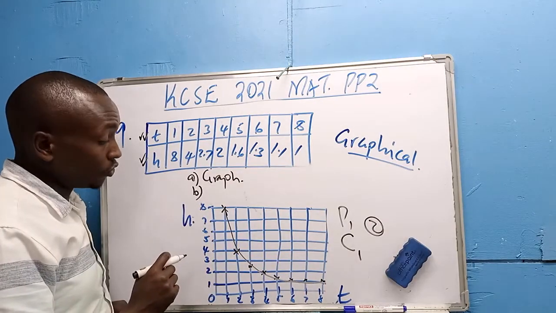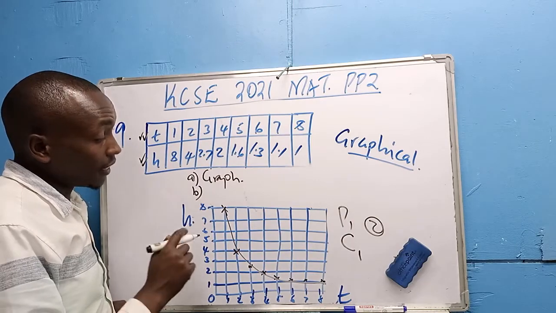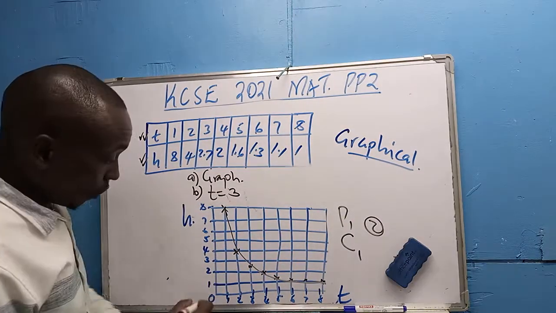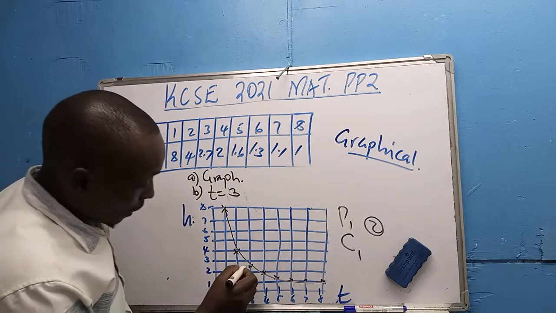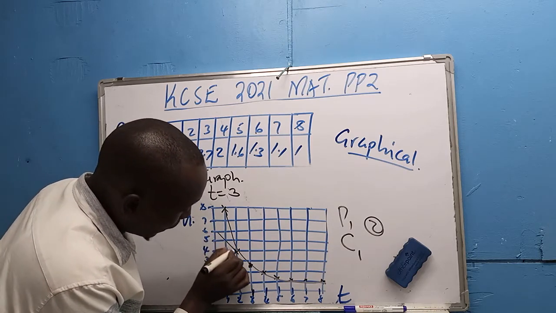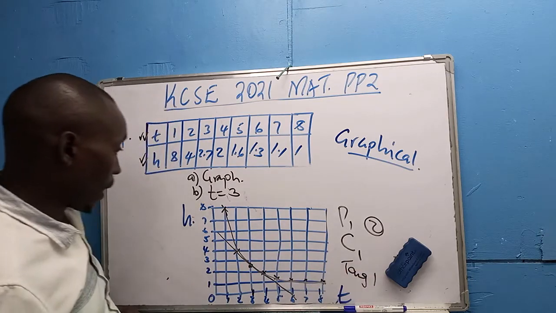Part B. The student was to use the graph and determine, correct to 1 decimal place, the rate of change when t is 3. So all the student needs to do is to come over here where t is 3 and identify that point. Then the student draws a tangent. For the drawing of the tangent, another 1 mark.